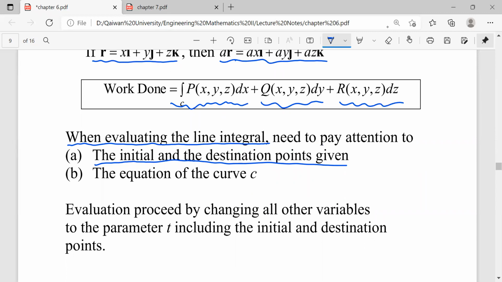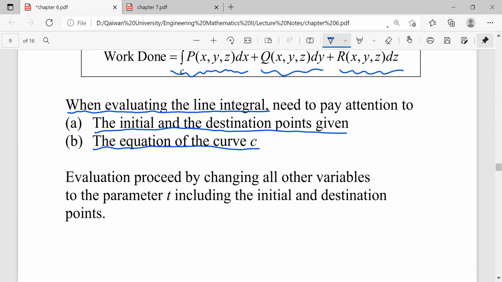If we have no limits of integration, we cannot compute the integral. And then the equation of the curve: we must have the equation of the curve. We must have these two things in evaluating a line integral.